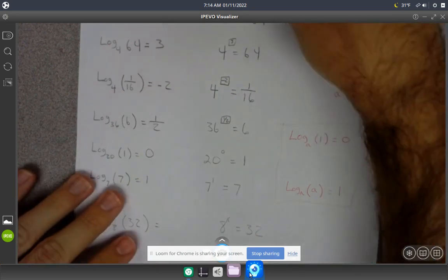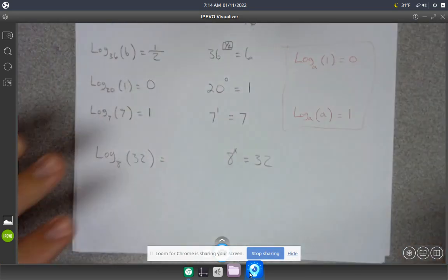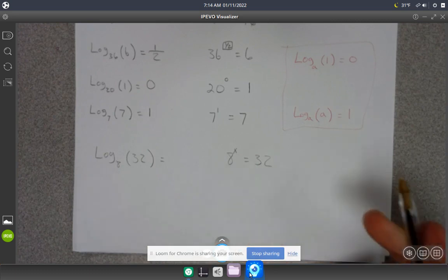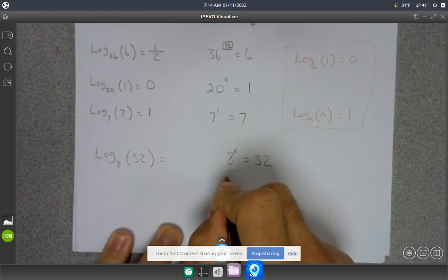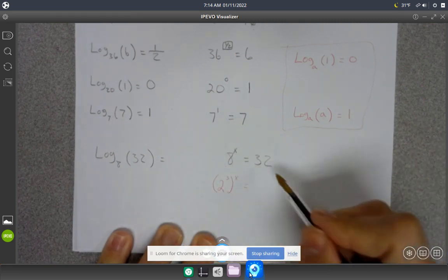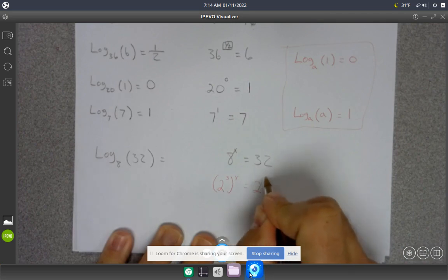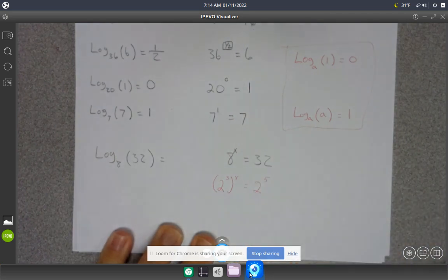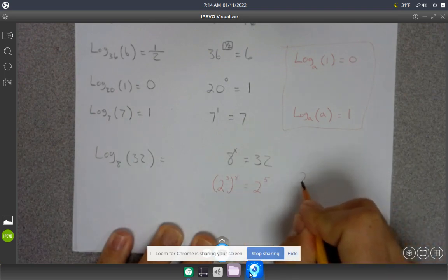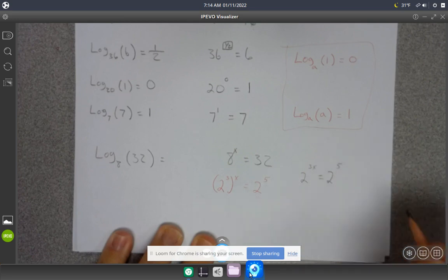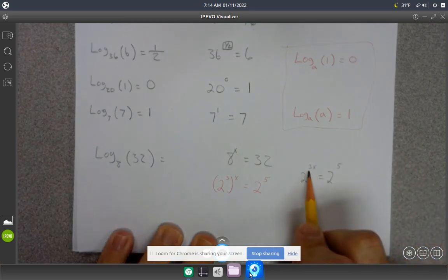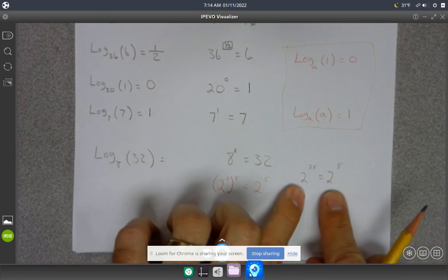This is one of those where we can rewrite both sides of the equation as some power of 2. I can rewrite the number 8 as 2 to the third, and I can rewrite the number 32 as 2 to the fifth. Then you've got a power to a power, so this is going to be 2 to the 3x is equal to 2 to the fifth. Then you can equate these two exponents now that the bases are the same.